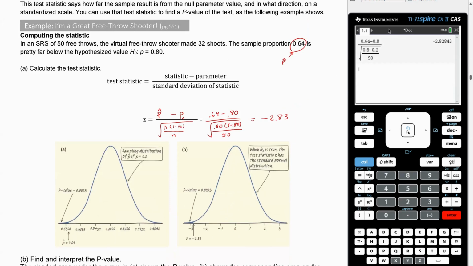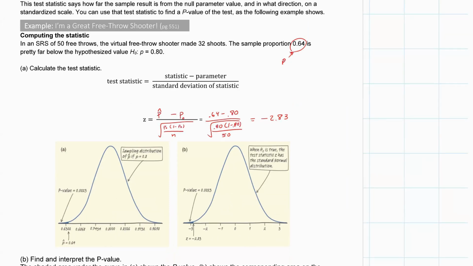We could say, what's the probability coming from a standard normal distribution, in which the mean is 0 and our standard deviation is 1. What's the probability of getting this z-value or less by pure chance alone?